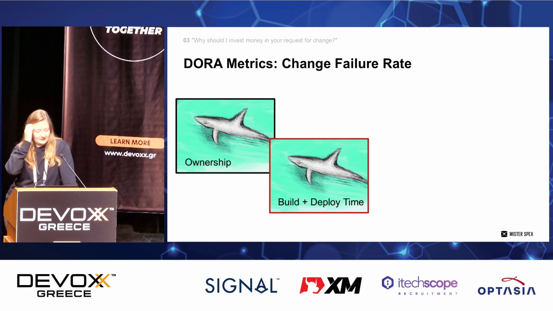The second part, which I personally find more interesting, is how ownership helps you with a change failure rate. In a huge application, usually there's stuff going on that you don't understand. And if you don't understand it, you have no idea how it interferes with the stuff you're building. You hope that it doesn't break and that it does not interfere, but as you don't know it, there's always some unknown somewhere.